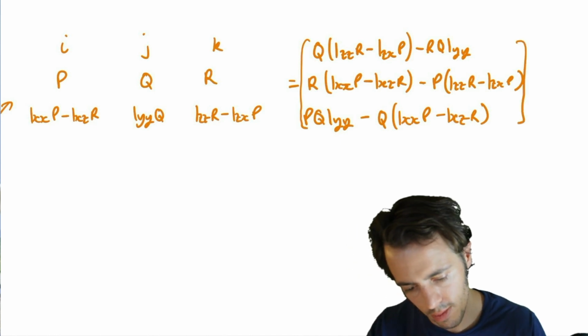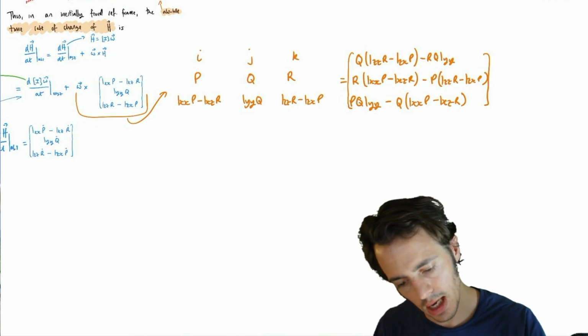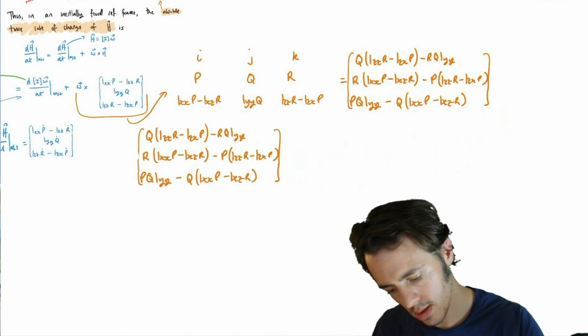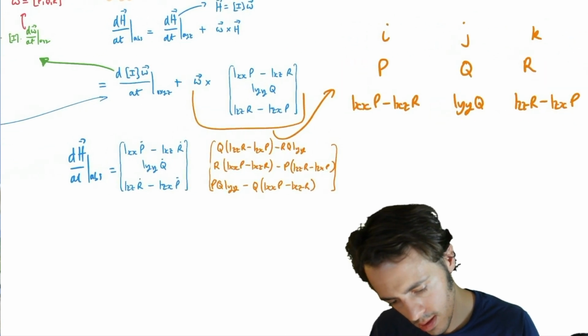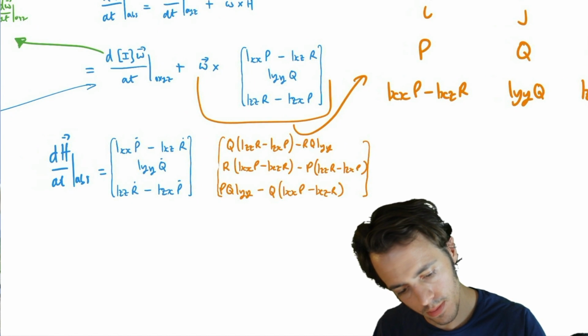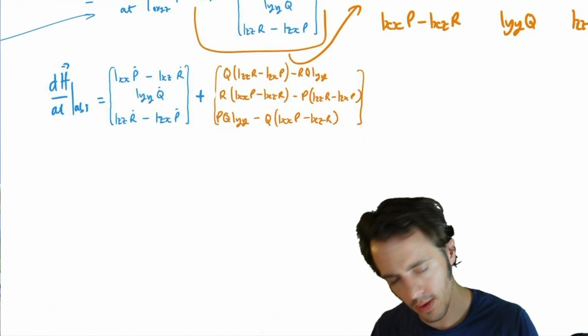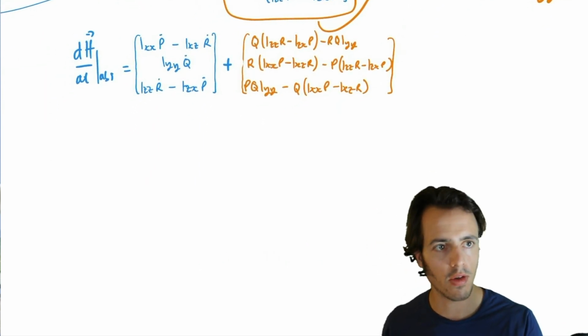Okay, so that is my cross product. Let's bring this down. Haven't learned my lesson, I kept it in a different colour. Let's write this out in one big expression just for the hell of it.